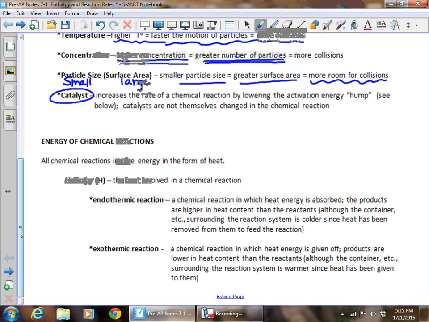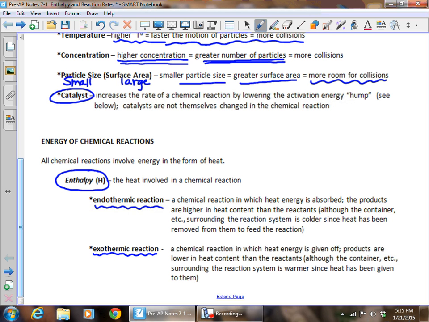All chemical reactions involve energy in the form of heat. And again, a fancy term for heat energy is enthalpy, and a term you've got to be very familiar with. Enthalpy is the heat involved in a chemical reaction. Two things that can happen.